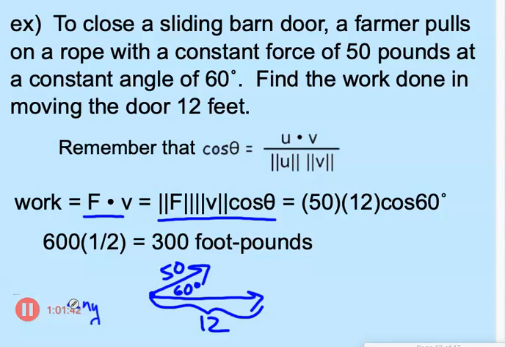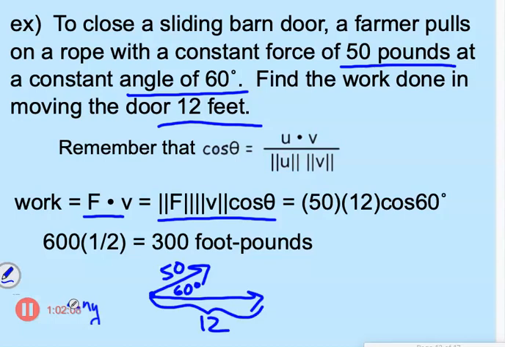Where did the cosine come from again? So we needed the dot product, but all we knew was that we had a vector with a magnitude of 50 and an angle of 60 degrees, and another vector with a magnitude of 12. We didn't have the components, so we couldn't do a traditional dot product with component times components, because we didn't have the x, y.